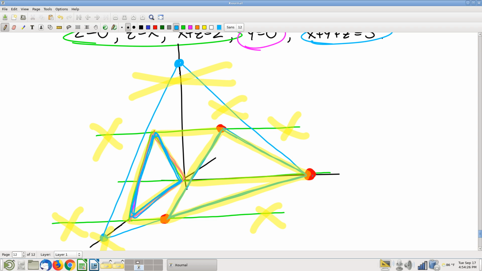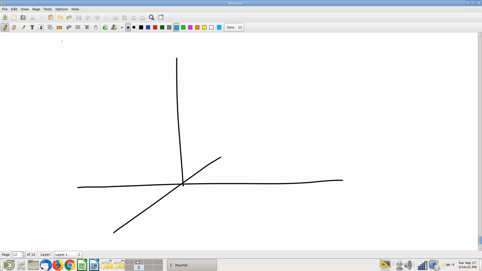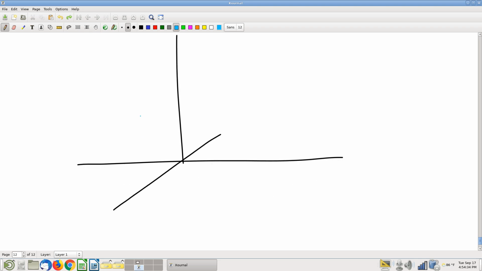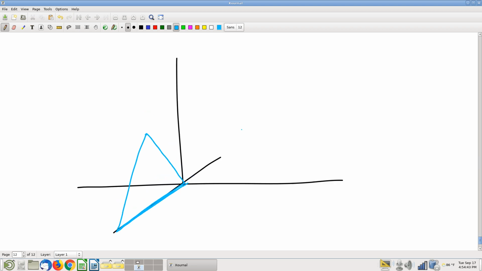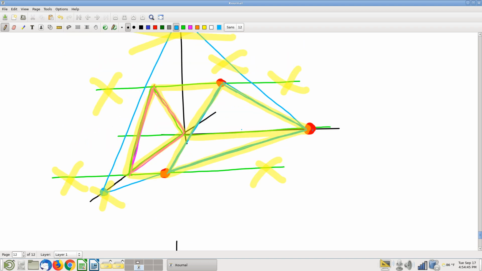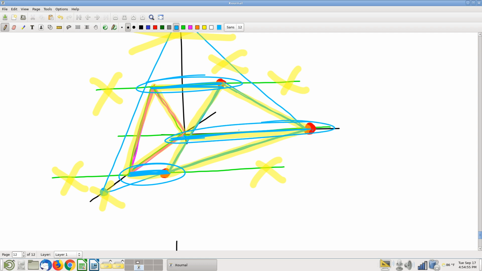I've got that triangle right there. So we have that. And then let's see, here I'm going to stick out from there a little ways there, a little more there, and then even more there.